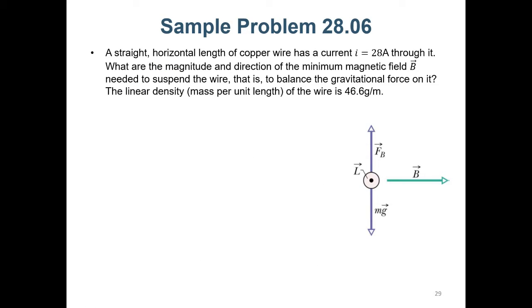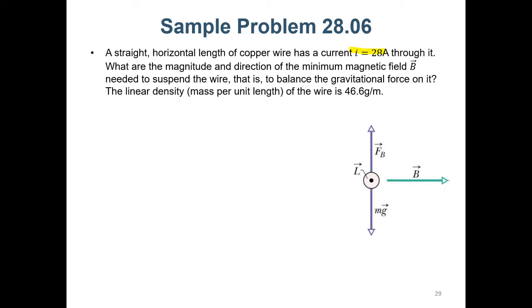So here let's consider a sample problem. A straight horizontal length of copper wire has a current I equals 28.